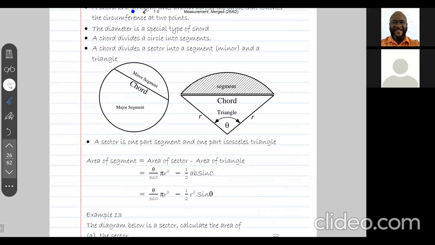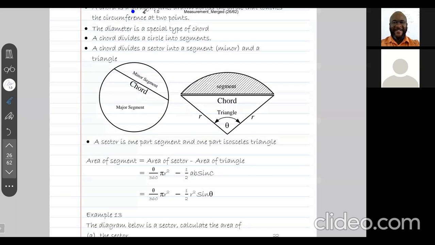Guys, the area of a segment is therefore the area of the sector minus the area of the triangle. The area of the sector is theta over 360 pi r squared.